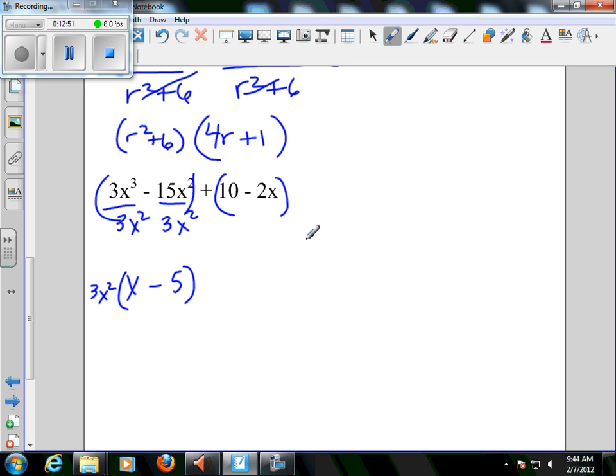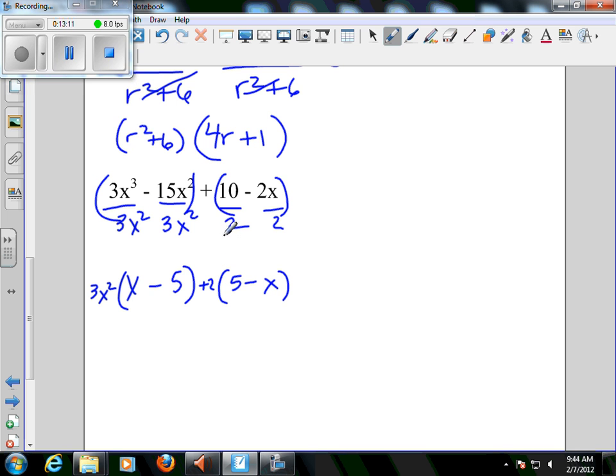GCF of the second set of parentheses would be what? It looks like it's 2. So we're going to divide everything by 2. And when we do that, we end up with 5 minus x. Now that's not quite the same as what we have here, okay? Put the 2 in front.